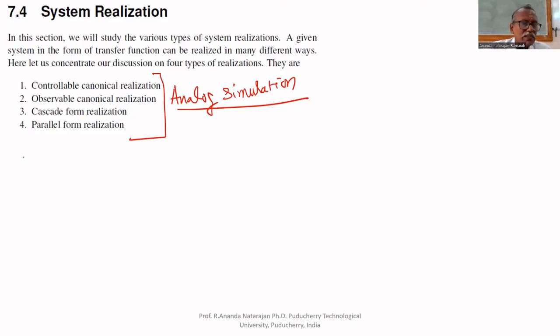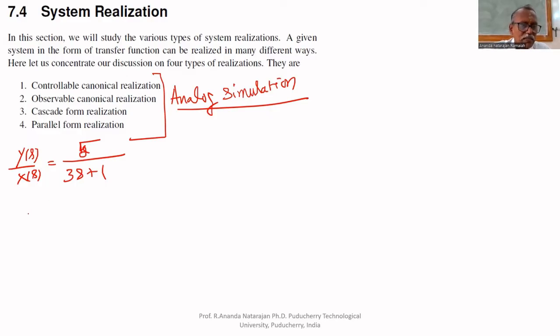For example, I have a system with transfer function y of s upon x of s equal to 5 upon 3s plus 1. This has to be simulated using analog circuits, not digital. Digital, we know how to simulate: we digitize the equation, write a program, and use computers. But analog, how to simulate? That we are going to see now.